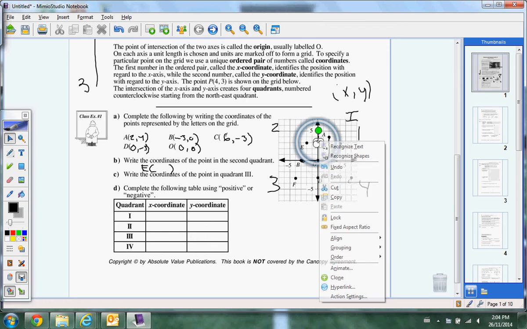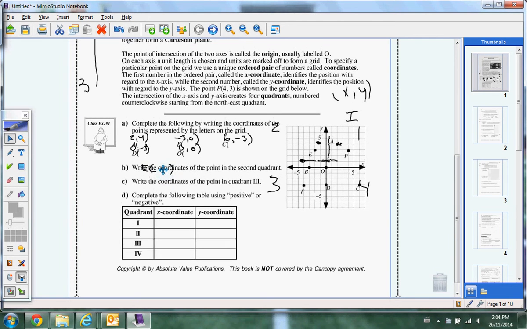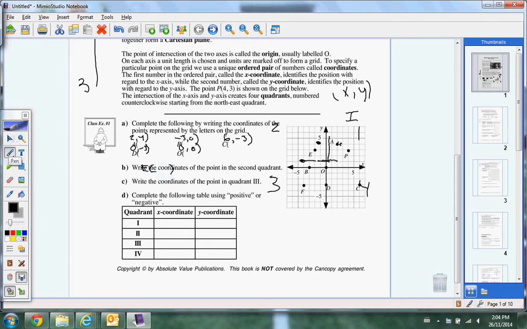So what'd you miss? What way do we have to move? 2. Okay, what kind of 2? Because we're going left. Is left negative or positive? (-2, 3). Does that make sense? Okay, so E is (-2, 3).